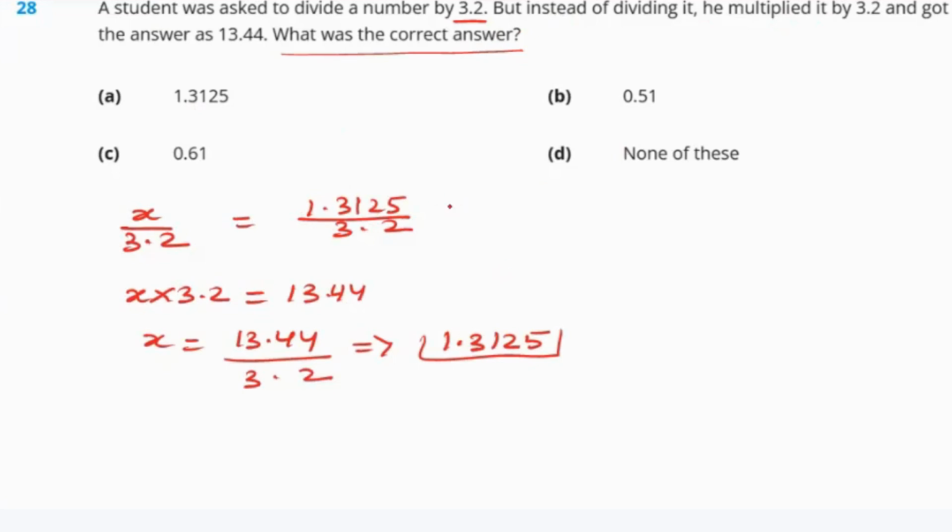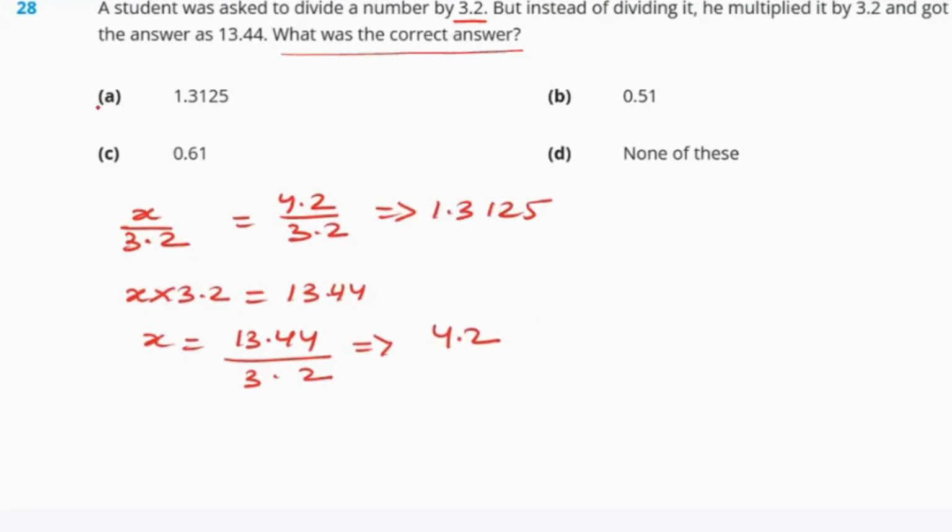After dividing it, we are getting 4.2. So when we divide by 3.2, we get 4.2, and when we divide 4.2 by 3.2, we are getting 1.3125. The correct answer is option A, 1.3125.